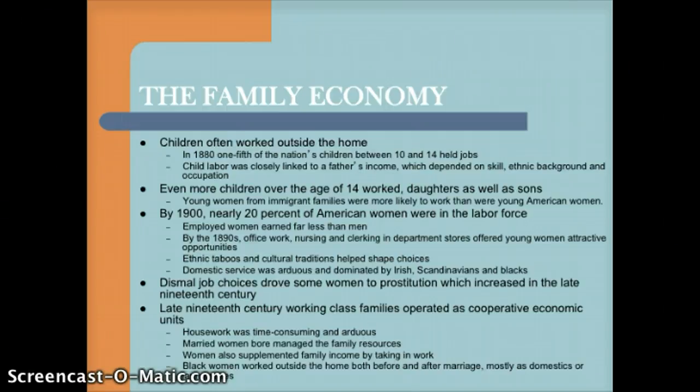And are the same arguments that could be used for gradual abolition of slavery the same ones that can be used for the gradual improvement in economic conditions for women versus the radical abolition theory of the immediate emancipation of slaves and compared to the immediate economic equality of women in the late 1800s? So take some time to discuss that topic, and then we'll continue on with the next slide.